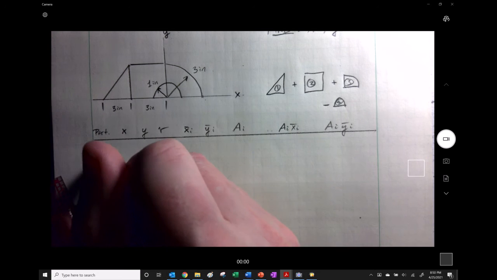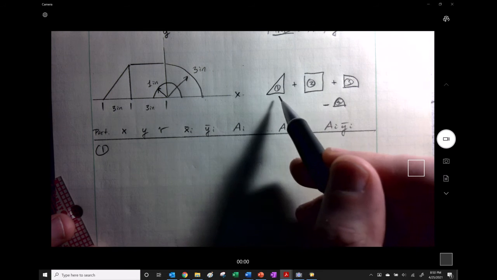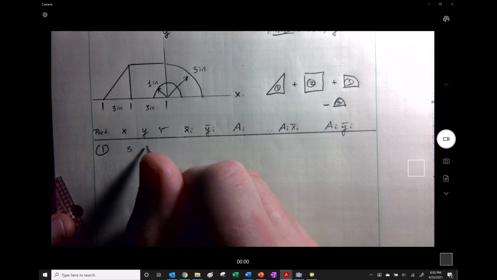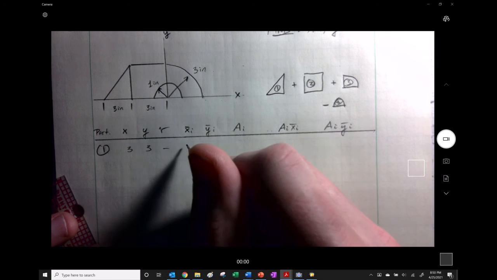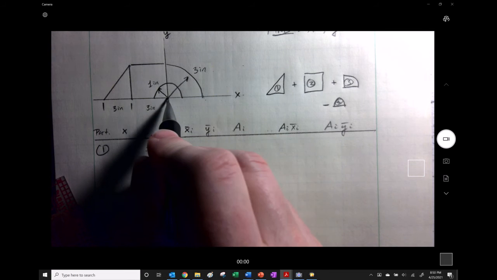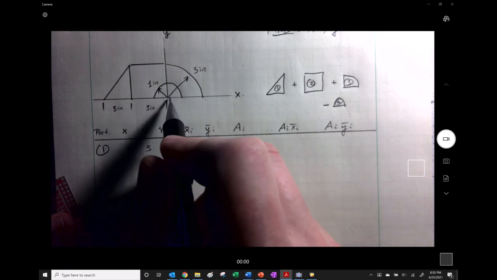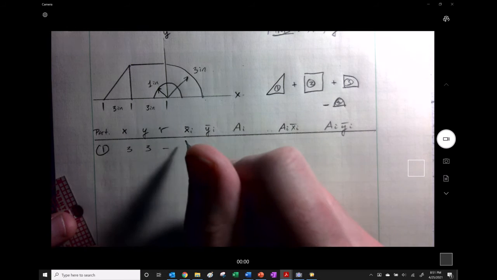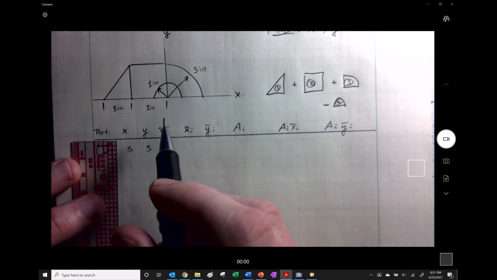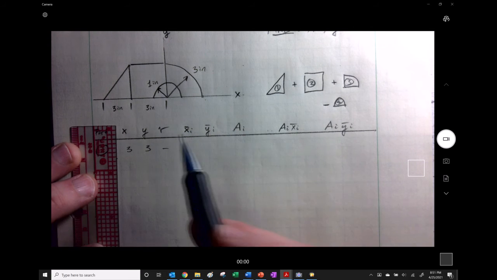All right, so part 1, call it this. We're going 3 by 3, and the X bar, okay, we're starting from right here, right? So here's our reference axis. So that's going to be 3.